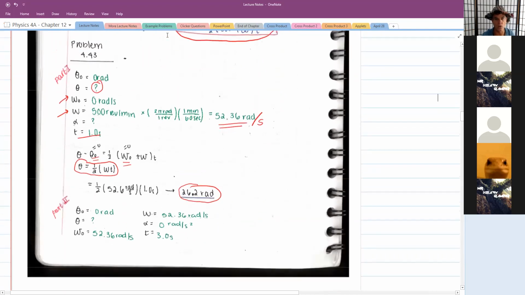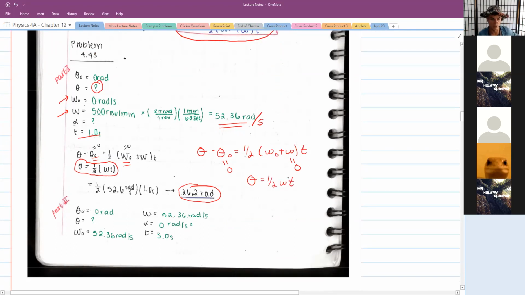So if I wanted to know how many radians it rotated through in the first part, I can use theta minus theta naught equals 1/2 omega naught plus omega times t. Kind of like what I did here. I can find my initial angle to be 0. It started from rest. So I end up with theta equals 1/2 omega t.